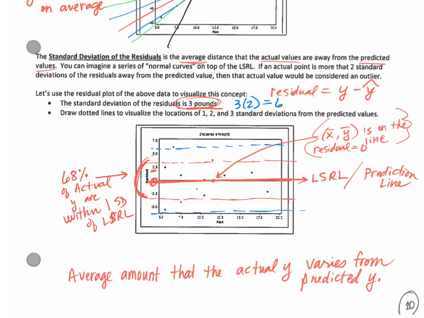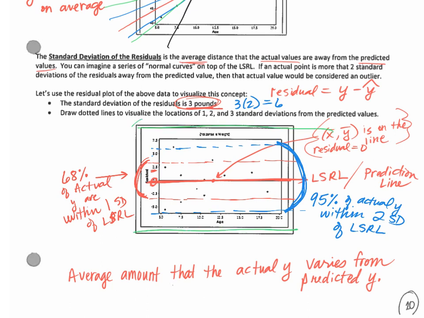Within 2 standard deviations is going to be 95% of all of the actual data points within 2 standard deviations of the least squares regression line, and so on. And then within 3 standard deviations out here is going to be 99.7% of data.